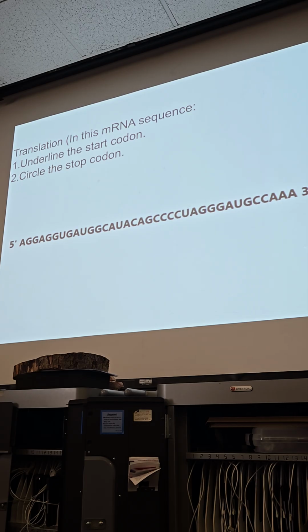Which two molecules? Which direction will the ribosome move in the model shown above? 5 to 3.